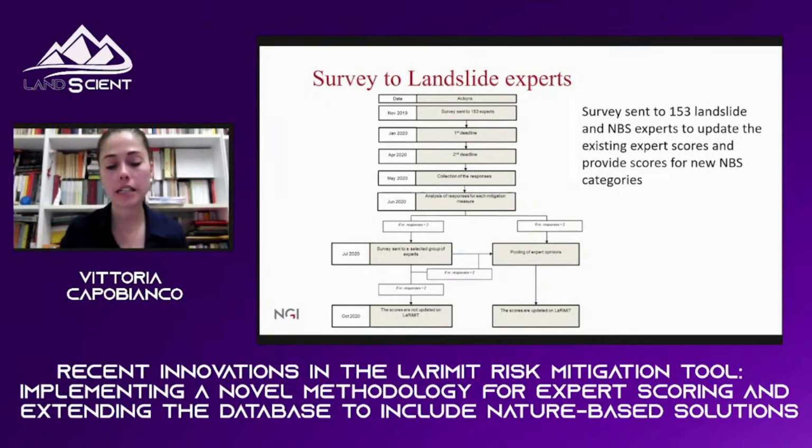And in second place, we needed to provide new scores for these new nature-based solutions that we have recently introduced. So here you see the timeline of the survey that we sent out to more than 150 landslide experts and NBS experts in late 2019, with a couple of deadlines and then some reiteration to receive more responses, with the aim to update the scores on the website.